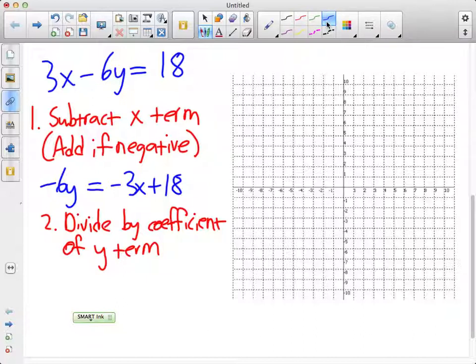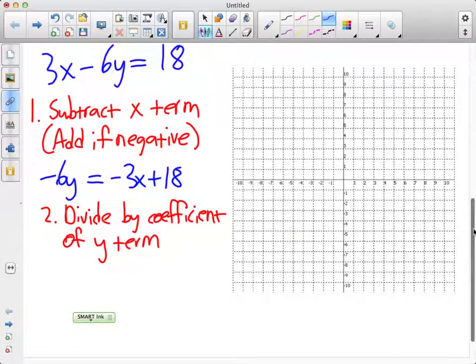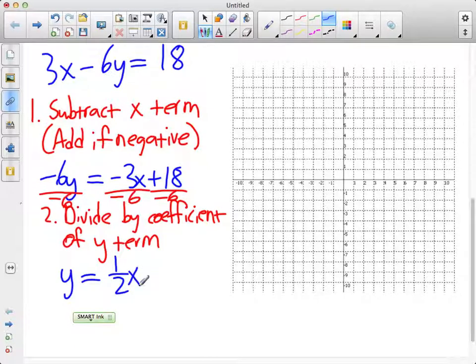If we divide everything by negative 6, then we end up with y equals negative 3 over negative 6, which simplifies to positive 1/2 x, minus, because we have a positive divided by a negative, 18 over 6, which is 3. So now we have our slope as a half and our y-intercept is negative 3.